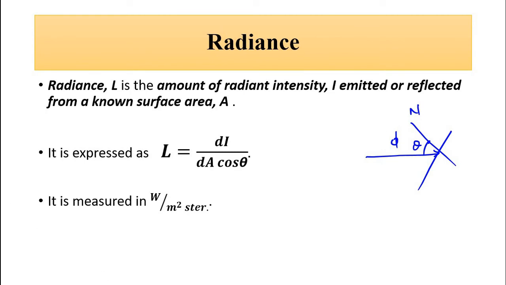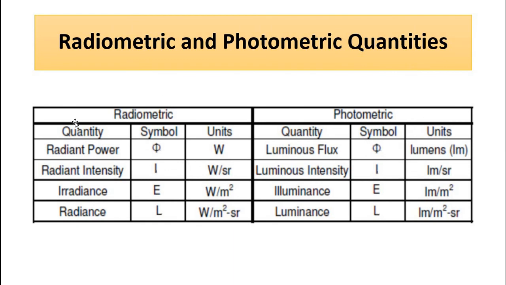Now a comparison between the radiometric and photometric quantities. As I was saying, the radiant power is similar to the luminous power or luminous flux. For radiometric quantity it is measured in watts, for photometric in lumens.